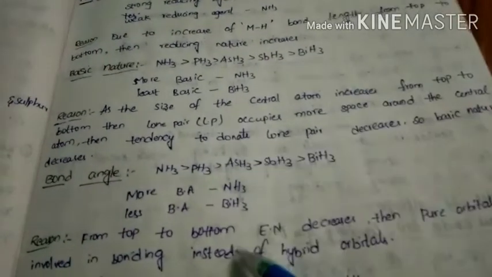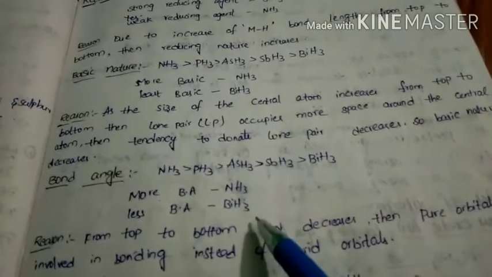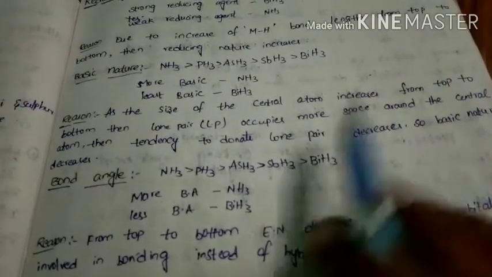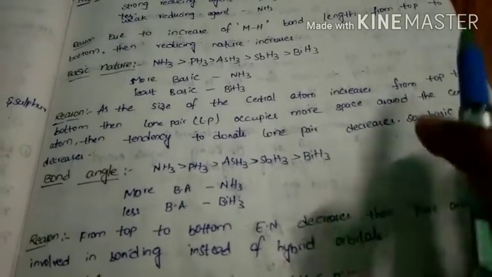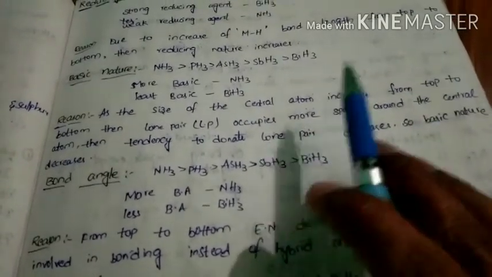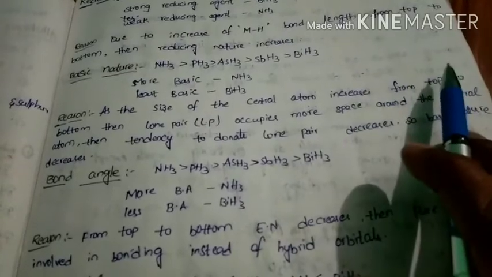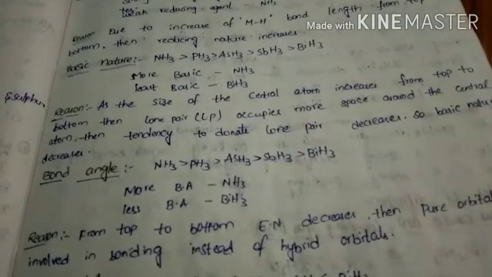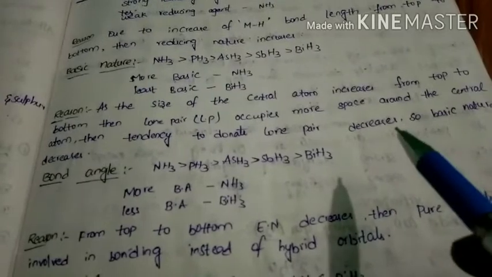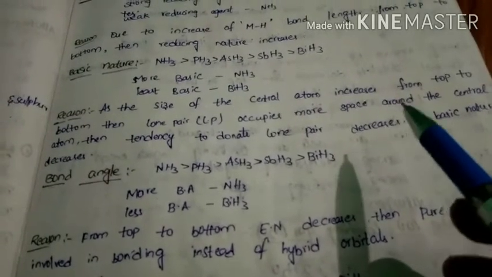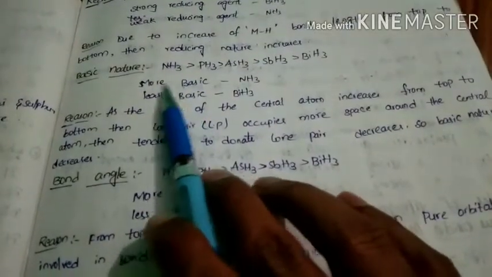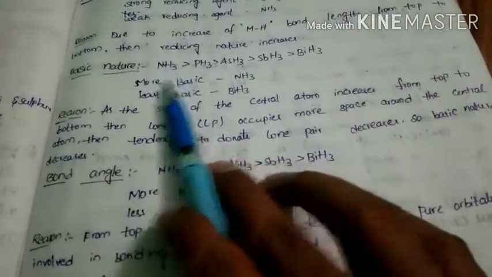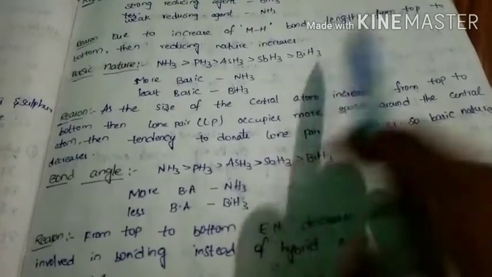If atomic size increases, those substances cannot give their lone pair of electrons to other substances, so their basic nature decreases. So among these compounds, which has more basic nature? NH3. And which has less basic nature? BiH3. That is about basic nature.